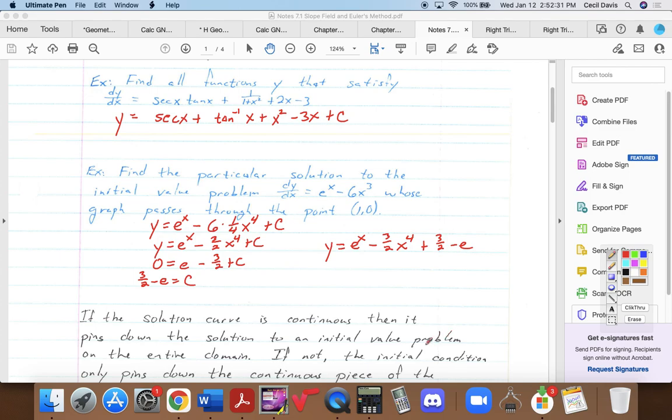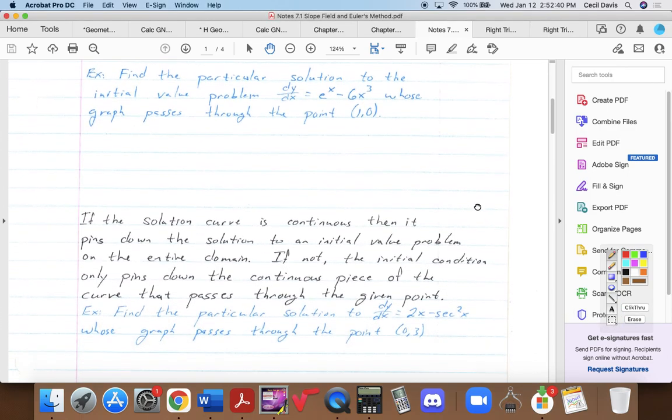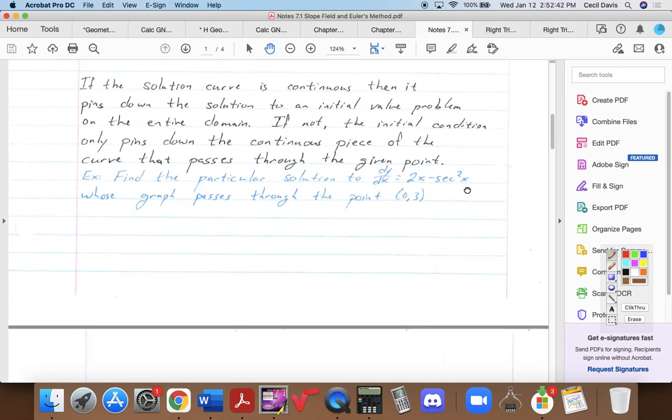However, if not, the initial condition only pins down the continuous piece of the curve that passes through the given point. Let me show you an example. You may be going, what the heck? Let's take a look at this one.